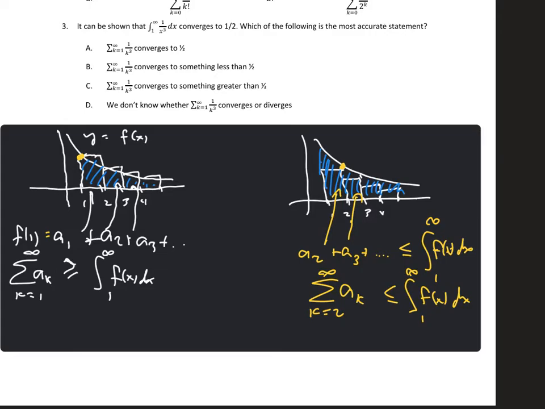That's the reason that all of our left rectangles are too big and all of our right rectangles are too small, because this function is actually decreasing the entire time. So everything we're saying here only applies once the a_k's have started to decrease and never come up again. But once that happens, then this is true.